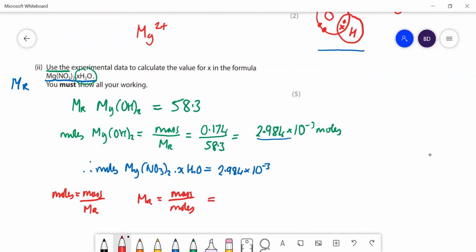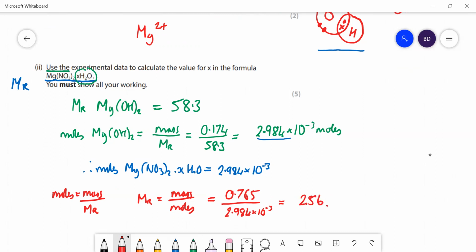The mass of the hydrated magnesium nitrate was 0.765 grams. And the number of moles is that. And so that is equal to 256.